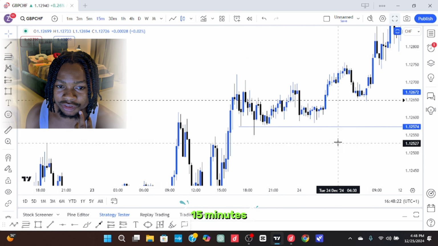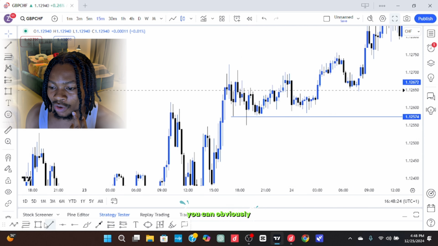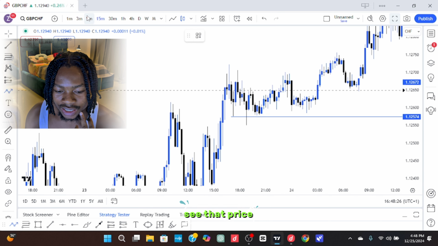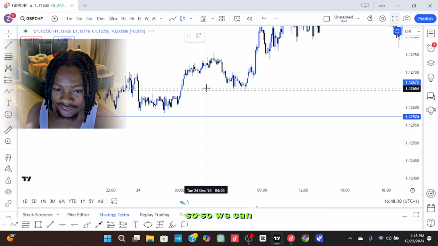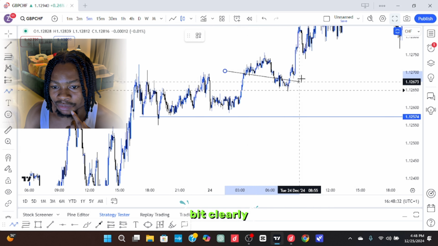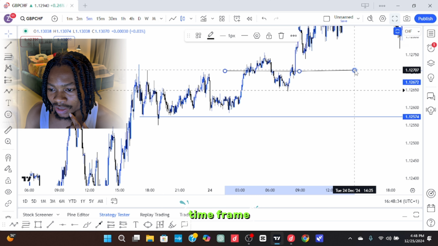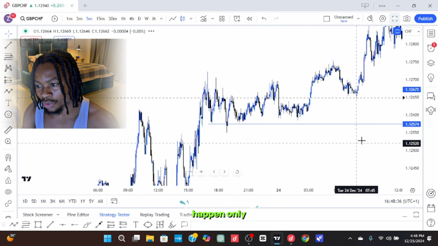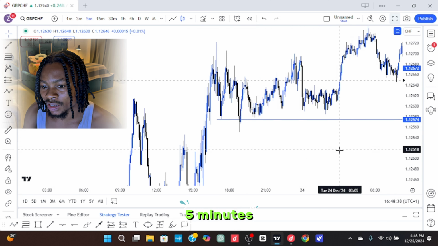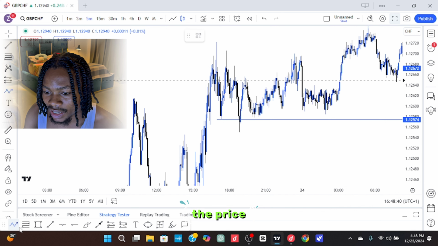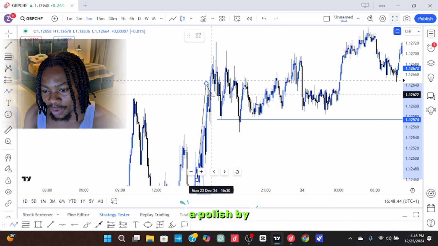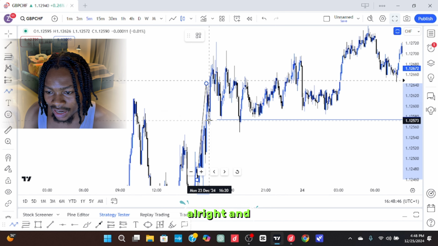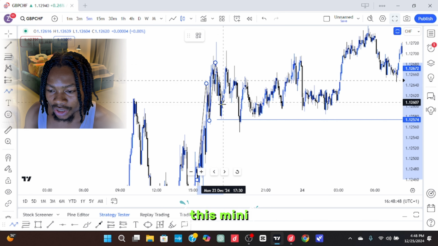So on this 15 minutes time frame, you can obviously see the price. If we go down a little bit to the 5 minutes, we can see things a little bit more clearly. Now see what happened on the 5 minutes. You can see that price had a bullish buy, and then we have this mini structure right here.